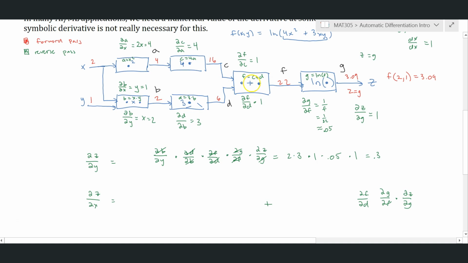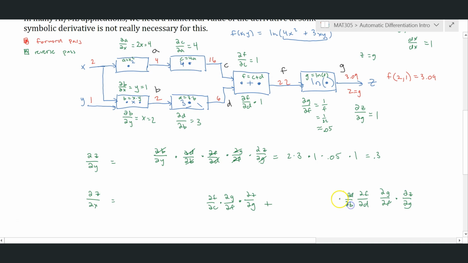And oh, I'm sorry, that's going to be the lower route. So let's just take the lower route first. And then notice that when we go the upper route, it's going to be the same thing for the first two terms, and then times dg df, but then we're going to multiply by df dc, because now we're working our way upward here.